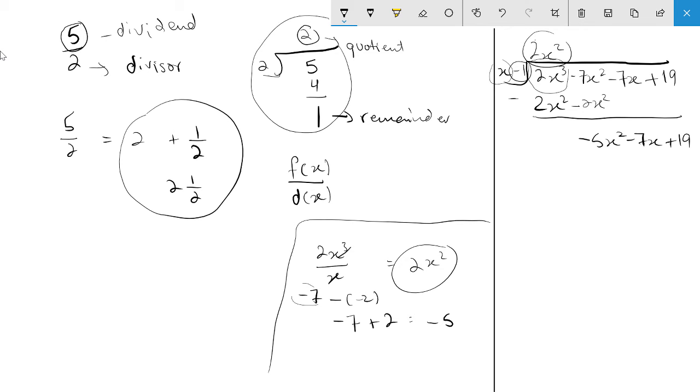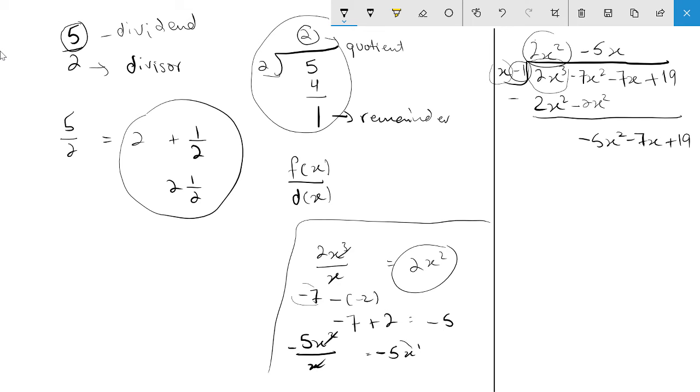Now what do I have to multiply x by to get negative 5x squared? Well, that would be negative 5x. Again, you can think of it like this: negative 5x squared, and x is dividing it. The x squared and the x reduce to just x to the first degree, and the negative 5 remains.